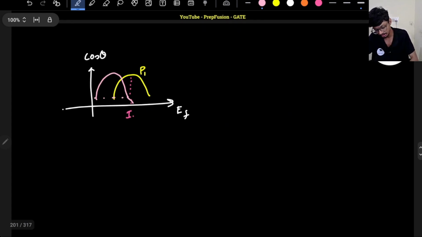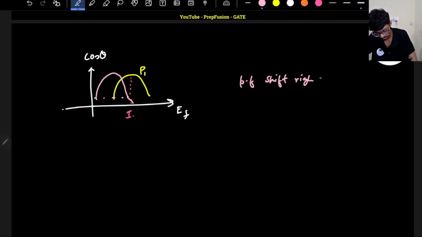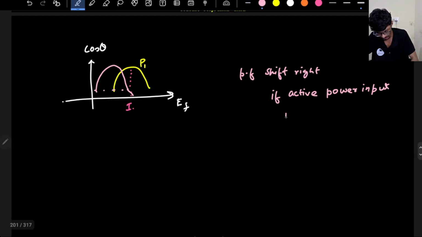So just to summarize, a few things I tell you to remember. Your power factor graph will shift right if the active power input is increased.